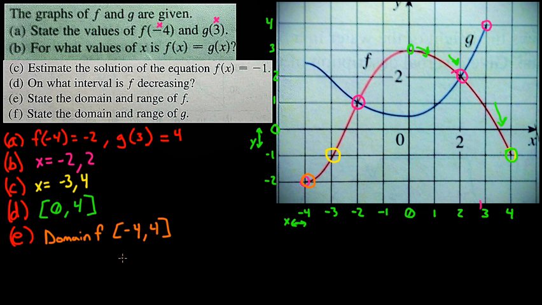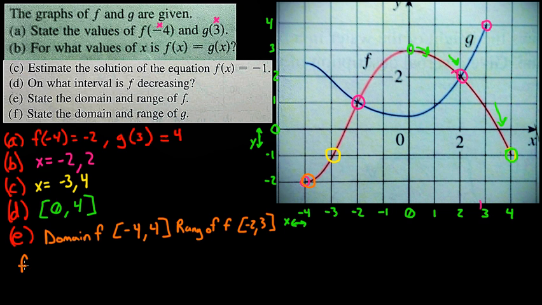Now the range of f is going to be the lowest point and the highest point. Range is your y-axis. So the lowest point is going to be at negative 2, and your highest point up here is going to be 3. So the range of f is going to be negative 2 and positive 3. Okay.